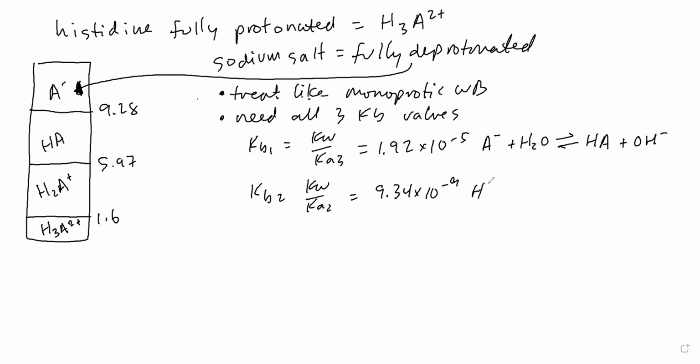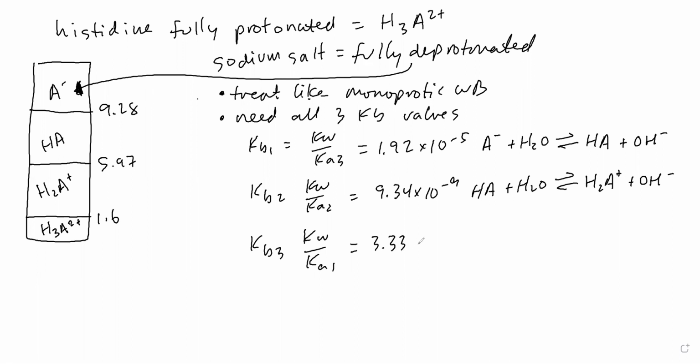The reaction is this one. And finally, we need Kb3, which we find from Ka1. There's our Kb3 value, and it has to do with this reaction.